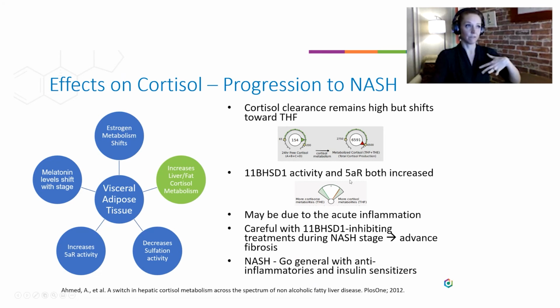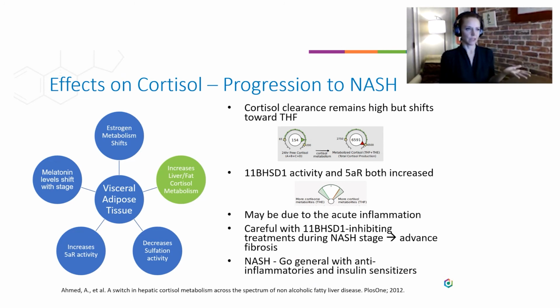We get a little bit of a different cortisol clearance. I was going to present this case too today, but it seemed like too much. But you can see a big shift of cortisol. It's still shifted into the liver and the adipose tissue, but you can see this shift over into the cortisol metabolites, the THF metabolites, and that suggests that there's an acute inflammation.